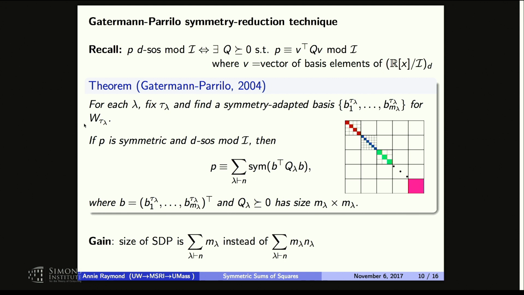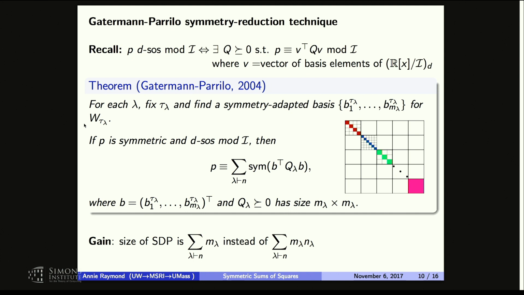So instead of being like anything, you know now that your matrix Q is doubly block diagonal. So for every partition, so for every isotypic component, you get one big block. And then for every standard tableau for a partition, you get one little block, and each of these little blocks are the same. So you really just need to keep one little block for each of your big blocks.